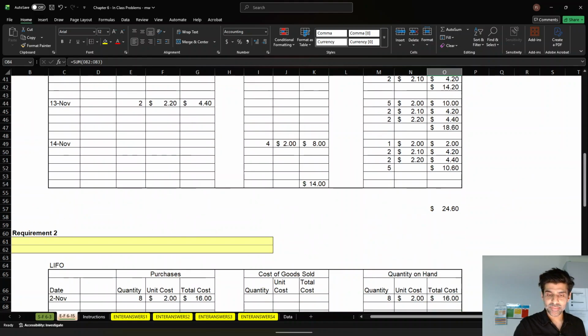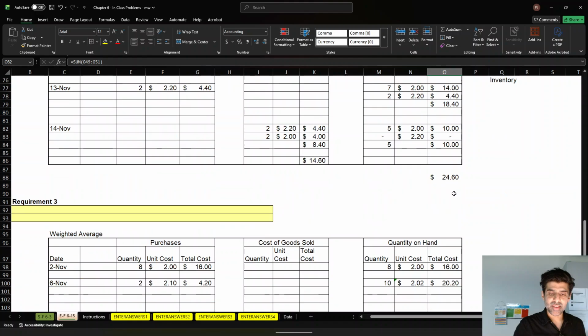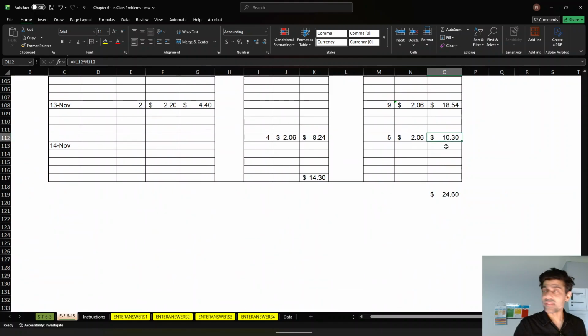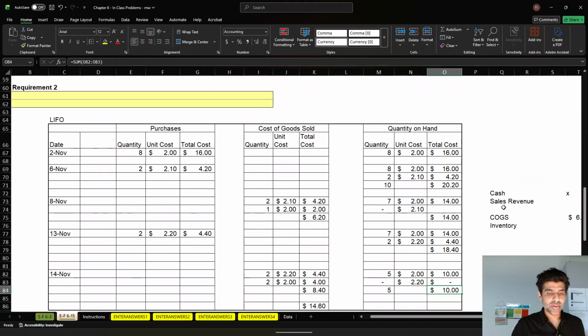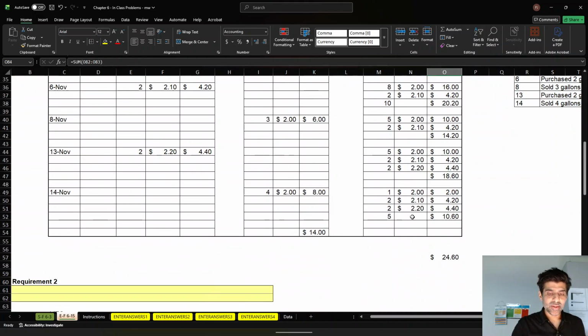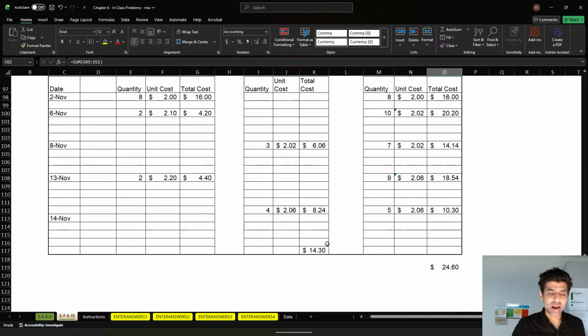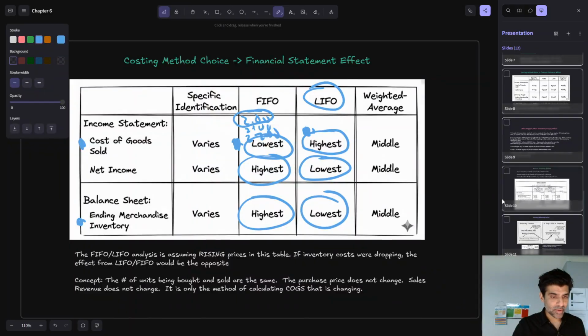So $10 versus $10.60 versus $10.30. So yes, highest cost of goods sold but lowest inventory balance was LIFO. FIFO is the opposite. It had the lowest cost of goods sold, but the highest inventory balance. And then weighted average was just in between the two. Okay, so that's essentially what this table is saying.